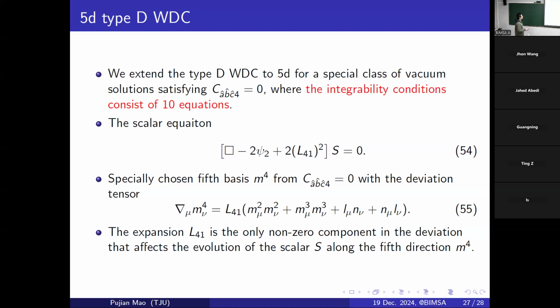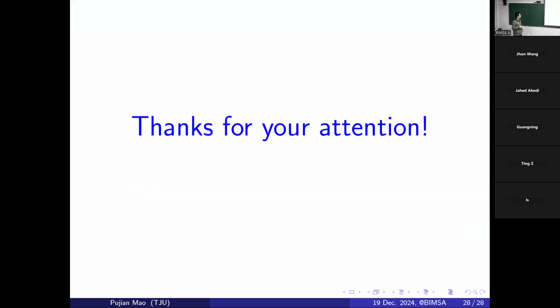You find the only non-vanishing spin coefficient component is the expansion of this special 5th direction. So it is left in the scalar equations. It tells you how this extra dimension evolves in the 4D wave equations. So I think that's all the story I want to share. Okay, thank you.